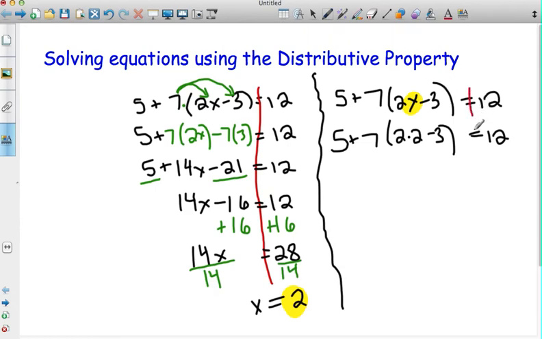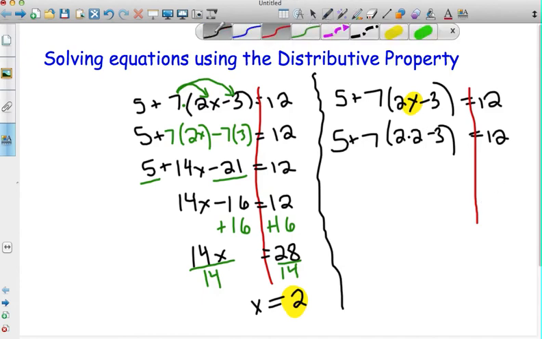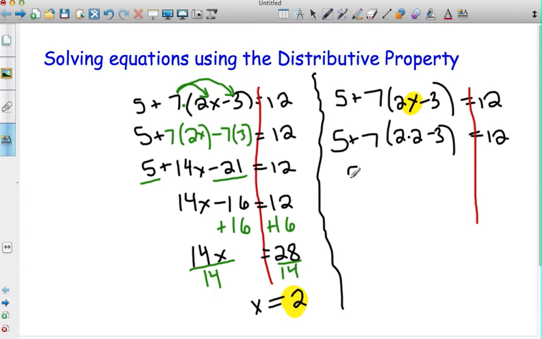It is also helpful when we start to check our work just to make sure we remember what's on both sides. I'm going to simplify what is on the inside of the parentheses, and I have 5 plus 7 times (4 minus 3, which is 1). Does that equal 12? I'm looking like it probably does. And we get 5 plus 7 times 1 is 7, and we end up with 12 does equal 12.